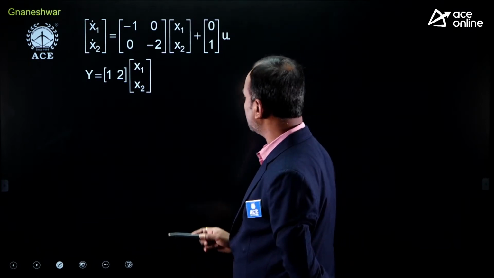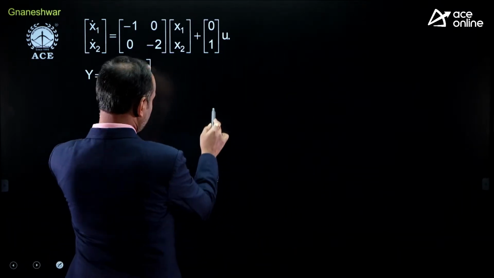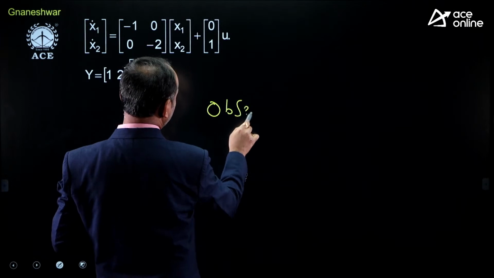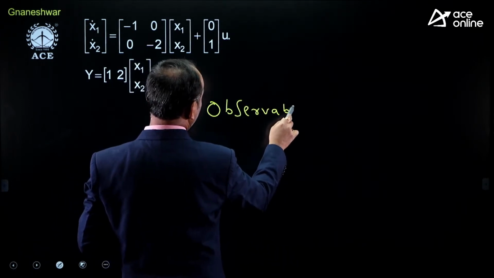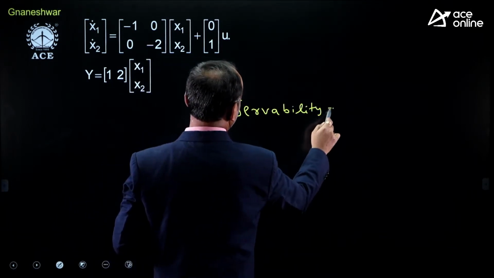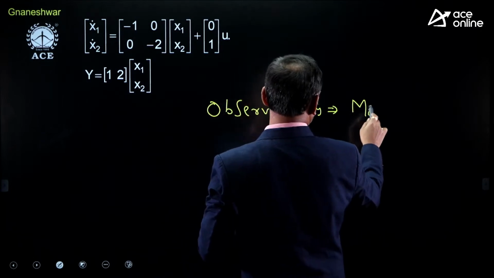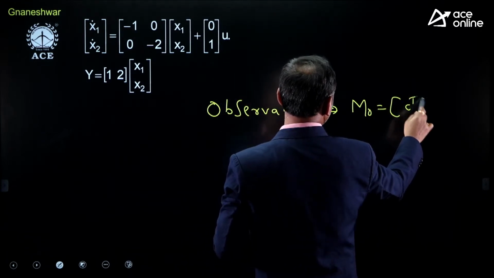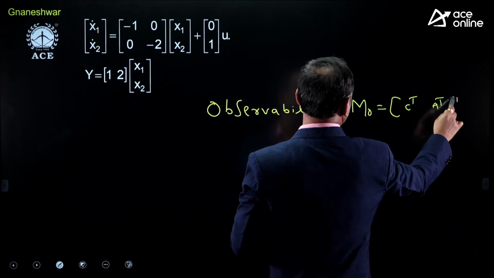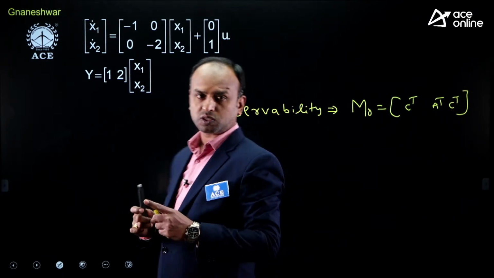Observability: this is the formula for observability according to Kalman's test. Mo equals [C transpose, A transpose C transpose], where transpose means interchanging the rows and columns.